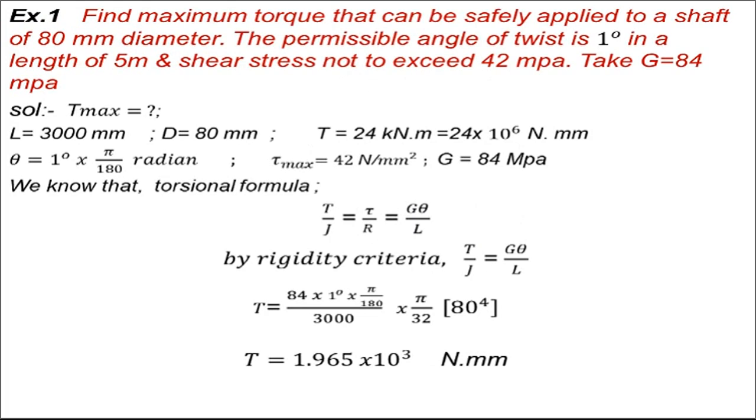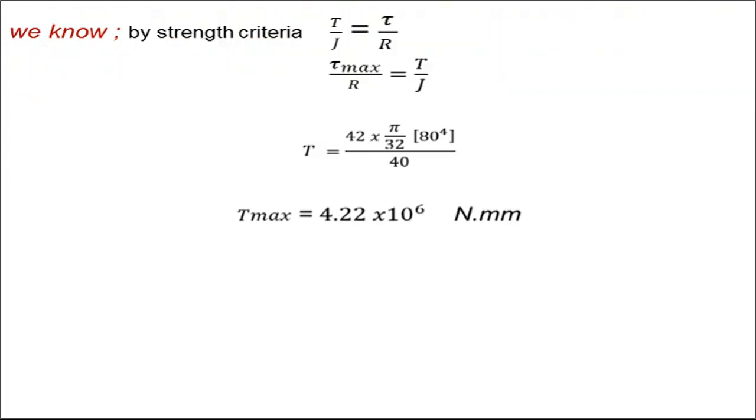In the rigidity criteria we got the value 1.965 into 10 raised to 3, and in the strength criteria we got 4.22 into 10 raised to 6. If you compare both values, 4.22 is the maximum, and it comes from the strength criteria.